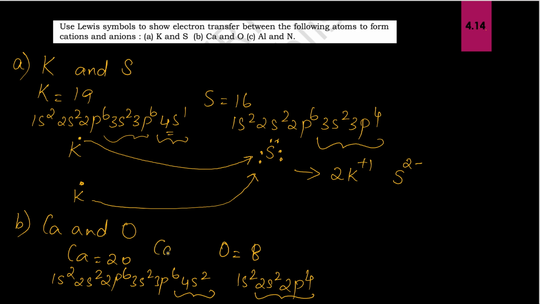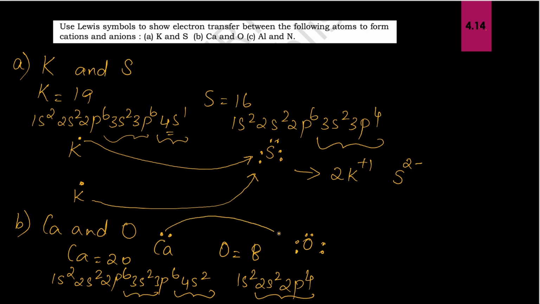So when I draw the Lewis structure for calcium, it is Ca with 2 dots, and oxygen will be 6 dots. So oxygen needs to get 2 electrons and calcium needs to lose 2 electrons, so it will remain in the octet state. How does that happen?